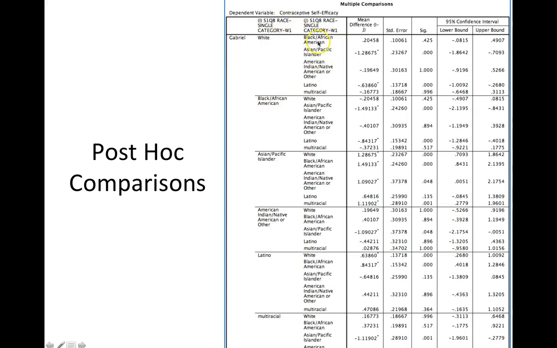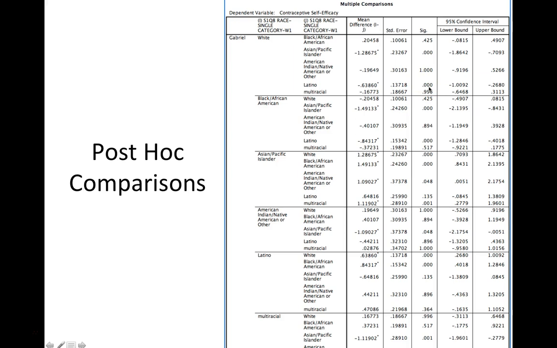So whites compared to blacks, African Americans, whites compared to Asian Pacific Islanders, etc. And then we have the mean difference. These are the means subtracted from one another. So we see the size of that difference here. These stars indicate significance. And if we look over here to the p-value, we see what that p-value actually is.